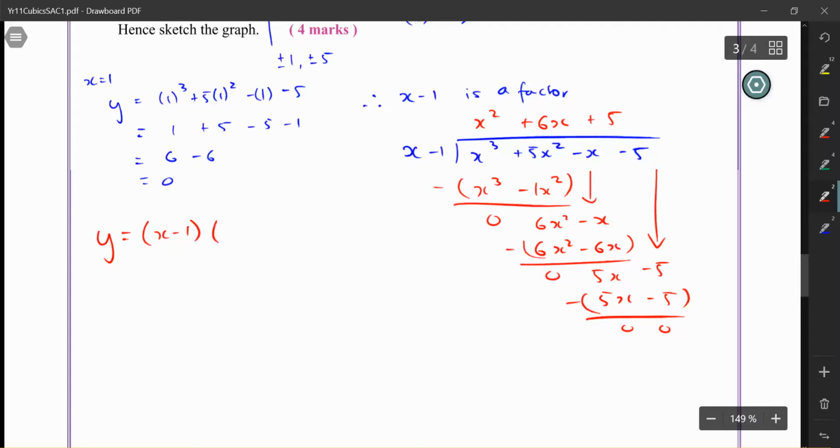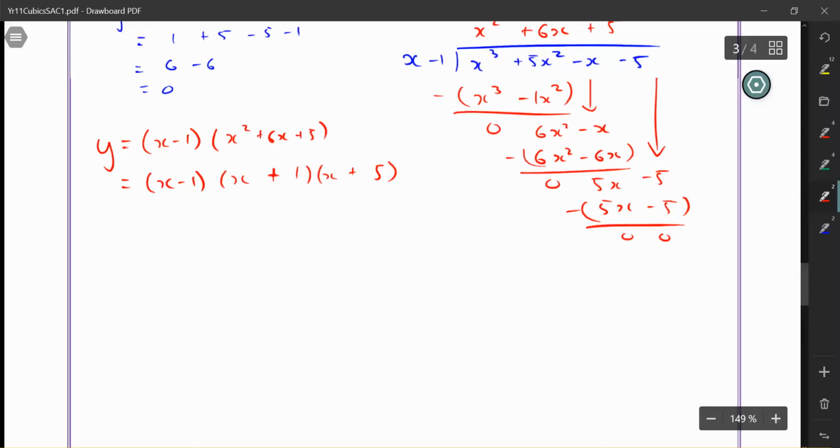The second factor is now x squared plus 6x plus 5, which if we factorize it, becomes x minus 1, x plus 5, positive, positive. So what I can tell already is, therefore, for x-intercepts, when y equals 0, x minus 1, x plus 1, and x plus 5, therefore x is equal to 1, negative 1, and negative 5.